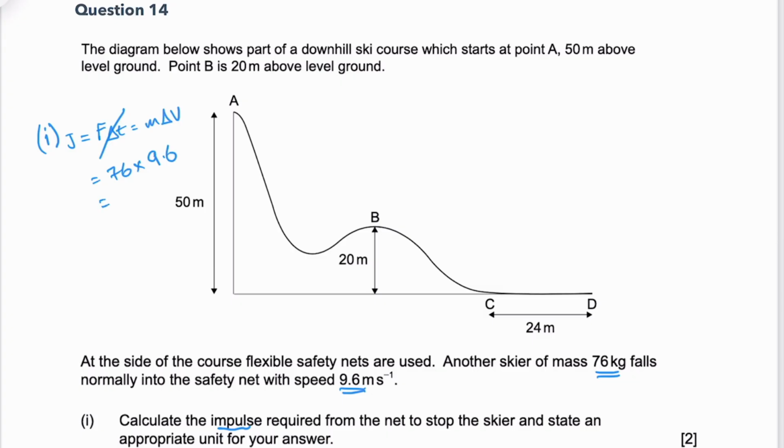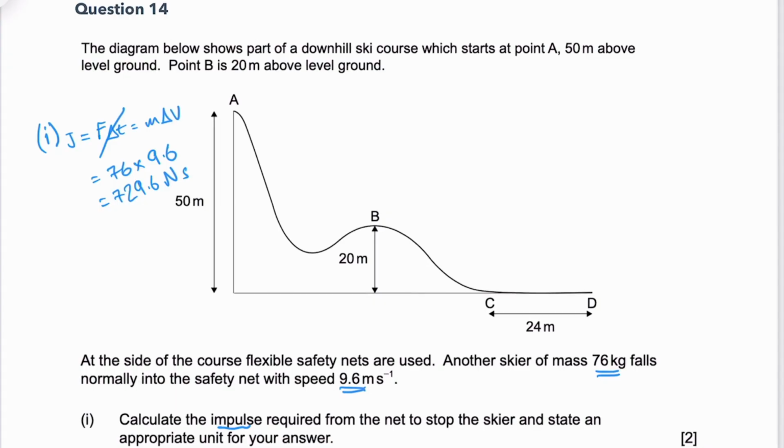So our answer there is 729.6 Newton seconds. I think the most amount of significant figures given in this question is 2 significant figures. Let's bring it down to 2 significant figures, 730 Newton seconds. We could also have used the units kilograms meters per second as well. Either of those 2 units are fine.